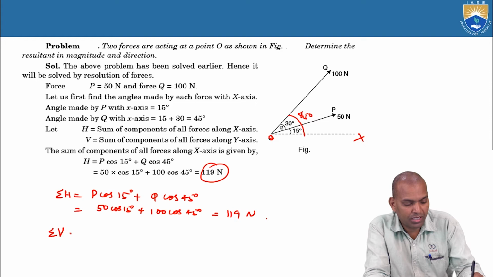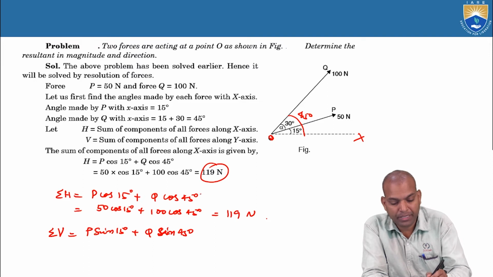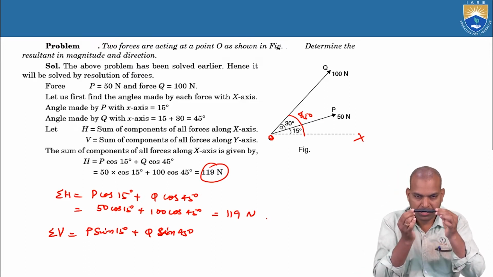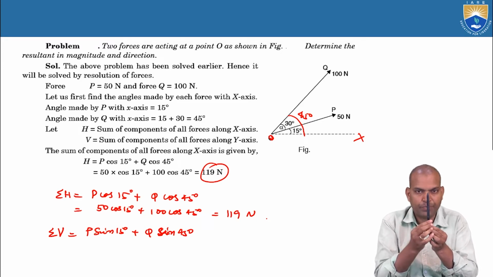What about sigma V? Sigma V equals P sin 15 degrees plus Q sin 45 degrees.